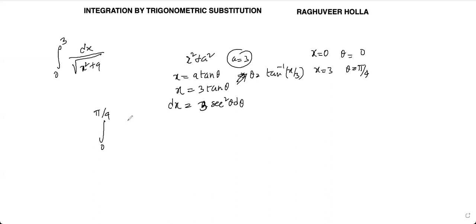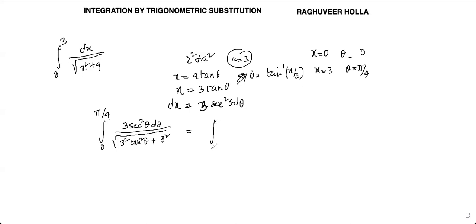So dx is 3 secant square theta d theta divided by square root of x square, which is 3 square tan square theta plus 3 square. Now, 1 plus tan square theta is secant square theta.